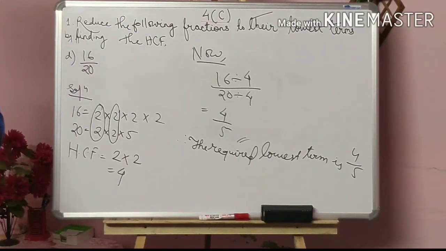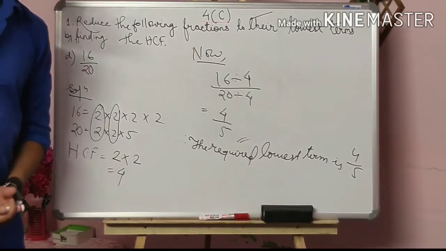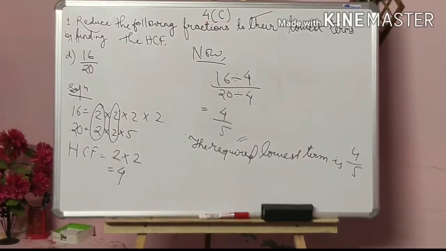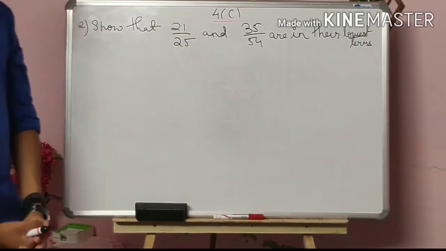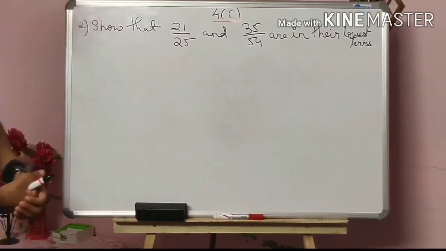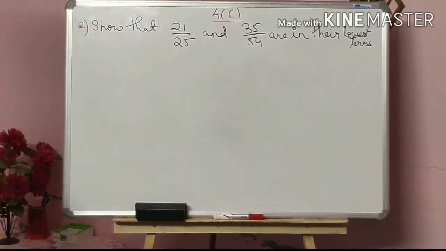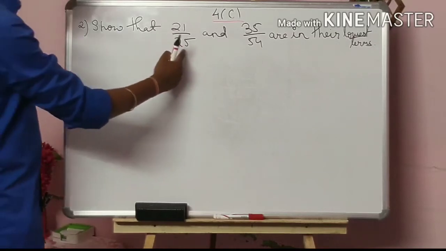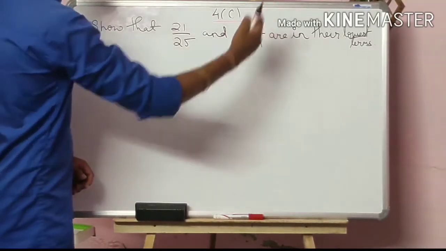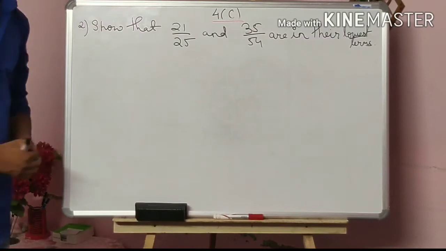Okay, so I think you have got the idea of question number 1. After getting this, now we are going to question number 2. Just copy that question. So students, what does question number 2 say? Show that 21 by 25 and 35 by 54 are in their lowest terms.